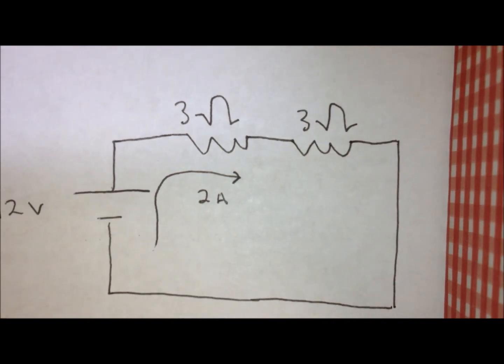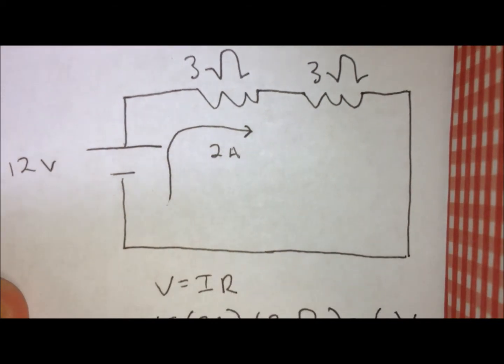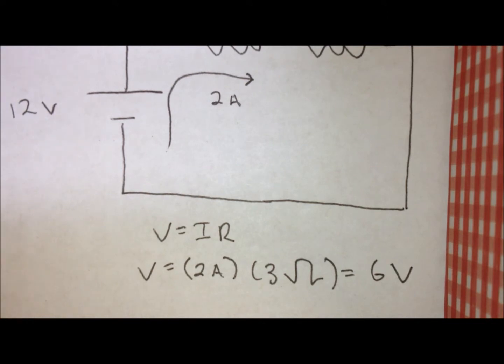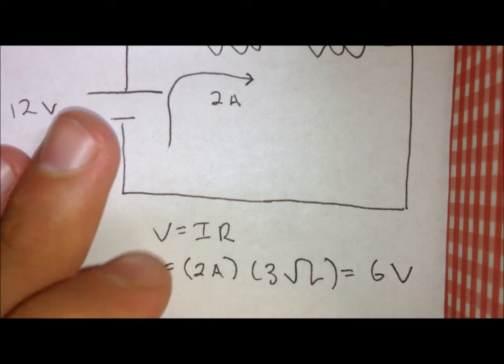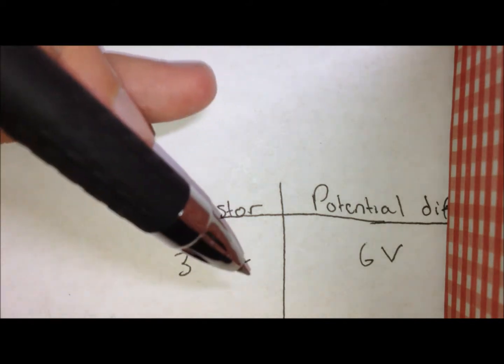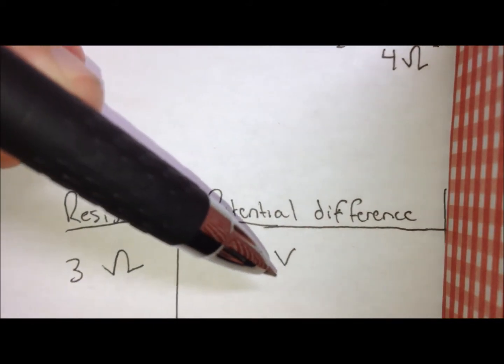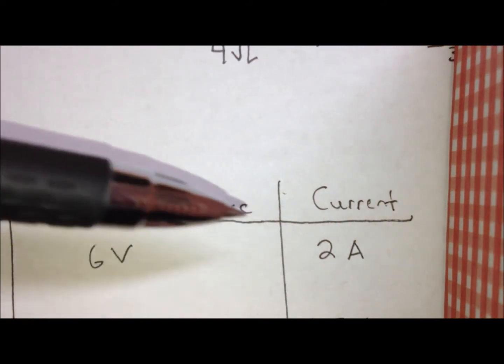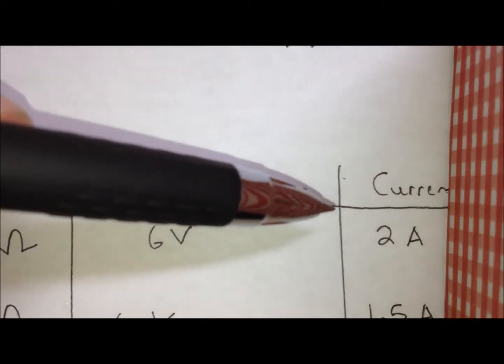For this 3 ohm resistor, the current is 2 amps, and now we need to solve for the voltage. V equals IR, so I is 2 amps and R is 3 ohms, and we get 6 volts. So in our table, for that 3 ohm resistor, the potential difference is 6 volts and the current is 2 amps.